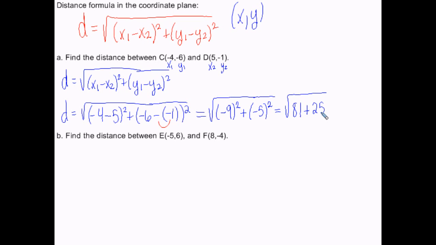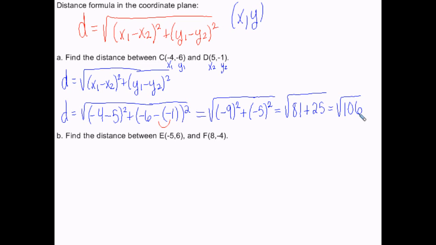81 and 25 is 106. 106 is not a perfect square, so I have not memorized the square root of it. So I'm going to put in my calculator the square root of 106. And I'm going to get some really long string of decimals because it is an irrational number because it's not a perfect square, and so it's a decimal that will never end and never repeat, and I cannot write all of those down.